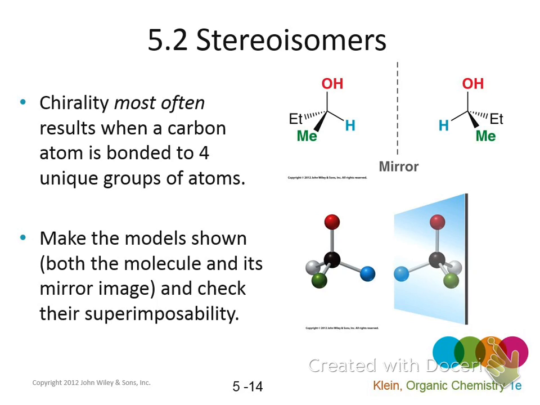So, for example, this one on the top, I have an ethyl group, a methyl group, a hydrogen, and an OH. Those are the four different groups. And that's why you can make the colors match, and you can show that they're mirror images, okay?